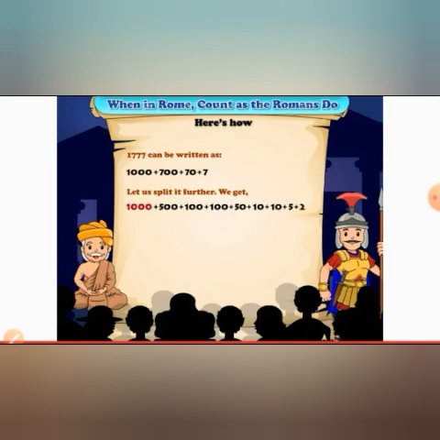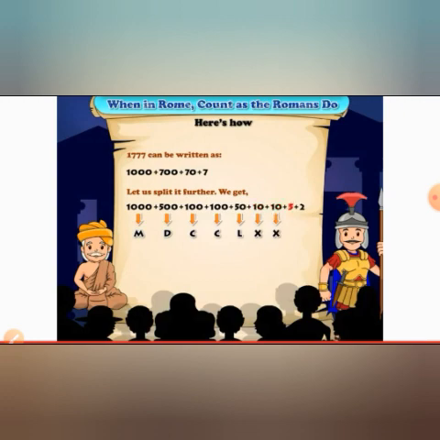We represent 1000 with an M, 500 with a D, and 100 with a C. Now there are two hundreds, so repeat the C again. 50 is represented with an L and 10 with an X. Again, there are two tens, so repeat the X again.